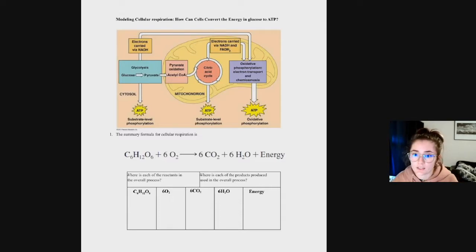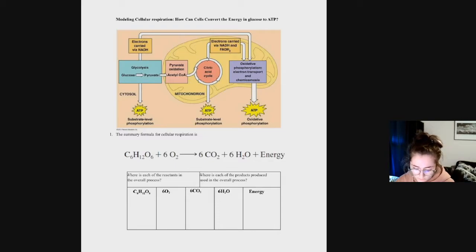So the first one says, how can cells convert the energy in glucose to ATP? We have this really nice diagram. It has an overall simplified version of glycolysis into pyruvate oxidation into the Krebs, or citric acid cycle, and then into oxidative phosphorylation.